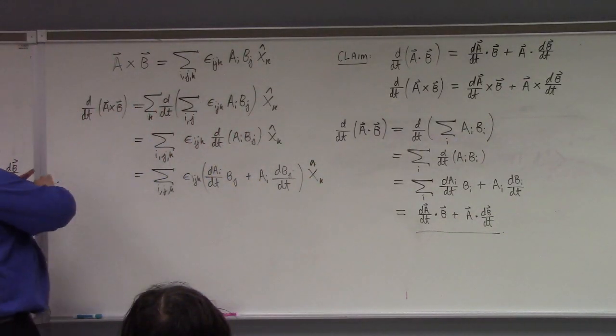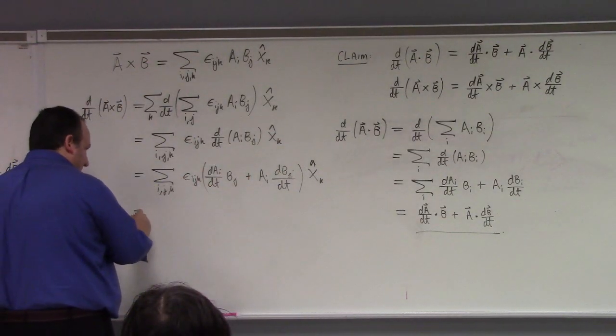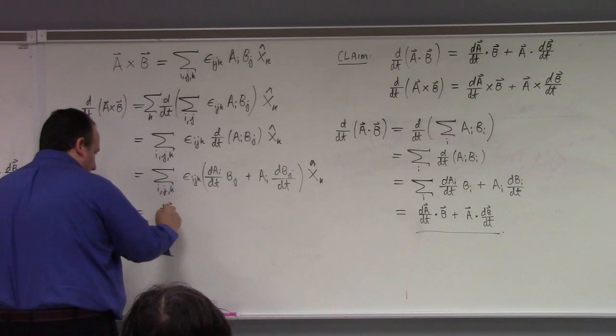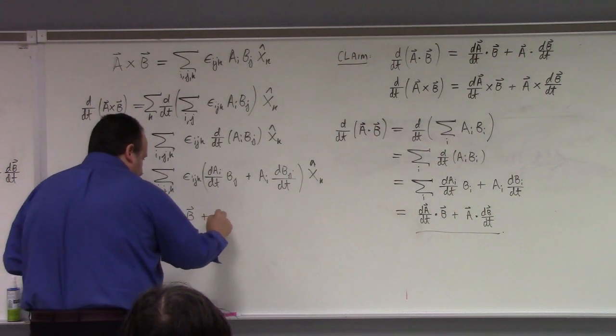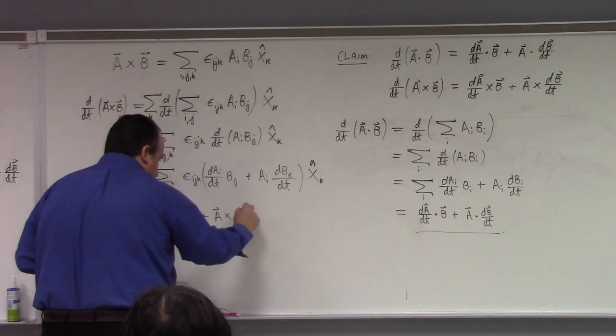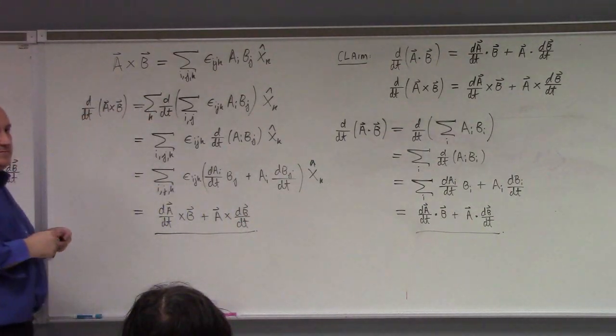And then, if you rewrite these as two sums, what you're looking at is exactly dA/dt cross B plus A cross dB/dt, which is the product rule for the cross product.